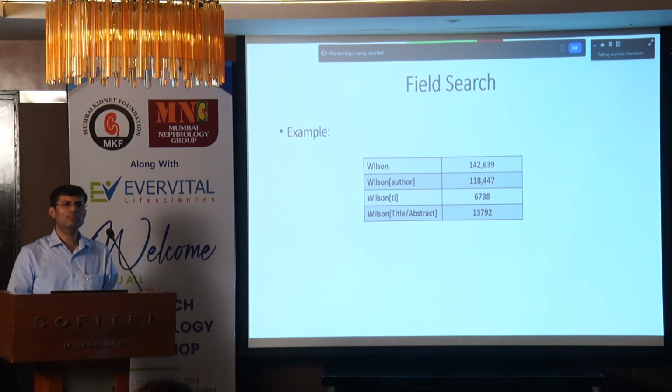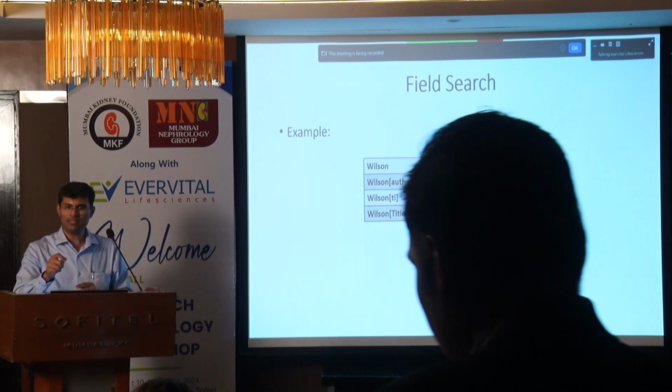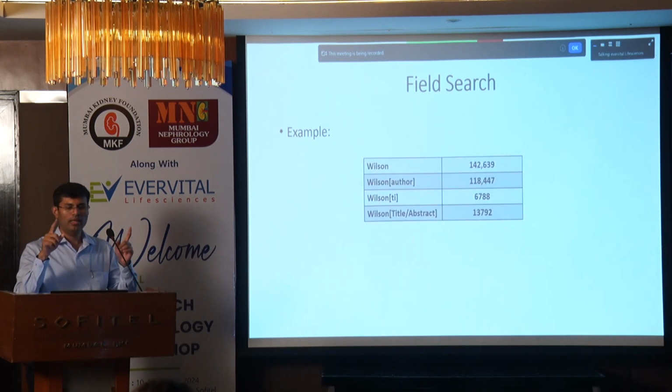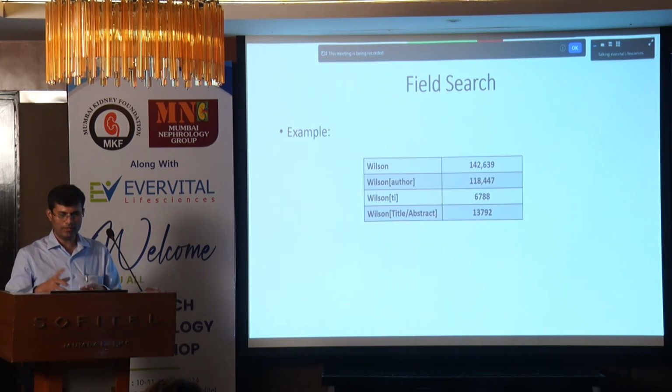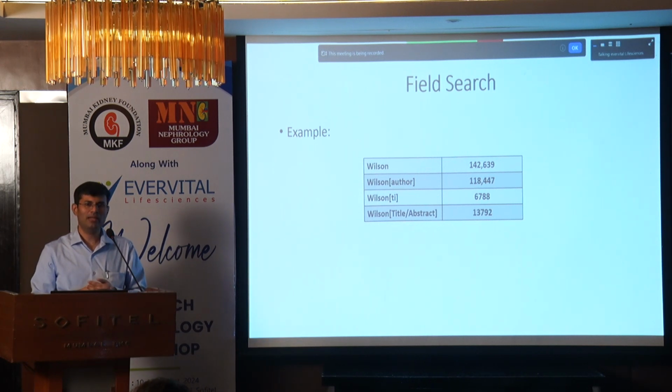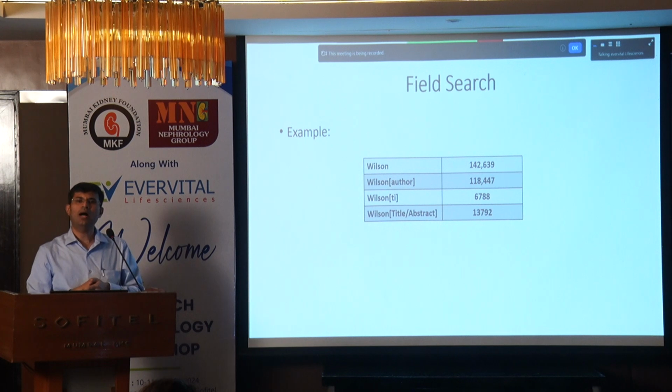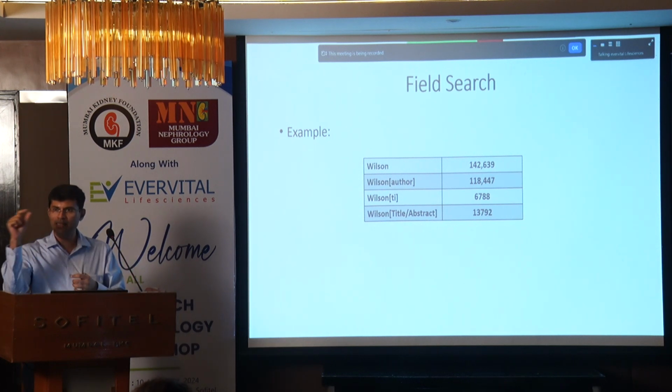What if I ask PubMed to do a specific search, that I want Wilson, but that Wilson should be the author? So I write in square brackets author. So I still get 1,18,000 articles where Wilson is author, whether first name or last name doesn't matter. If I want to search articles where Wilson is there in the title, then I write TI or TITLE.